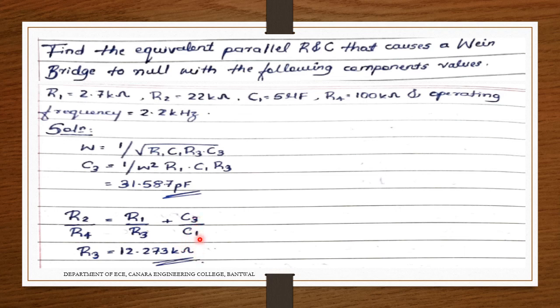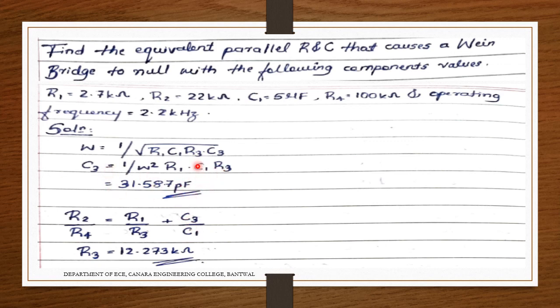So what we are doing here is substituting in terms of R3. That is, C3 is equal to some value in terms of R3, and that value I am going to substitute here, and I will get C3.